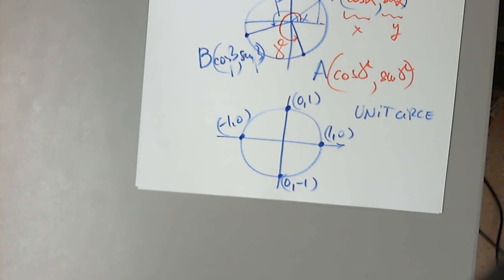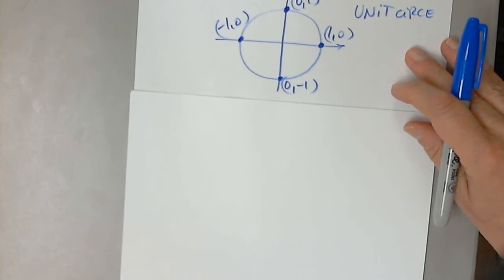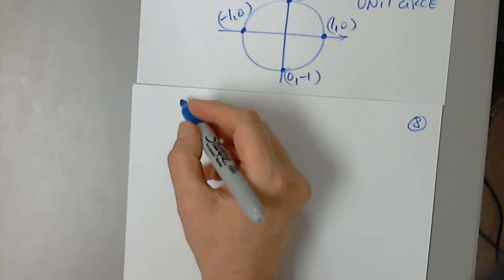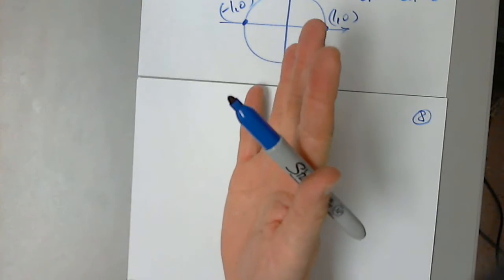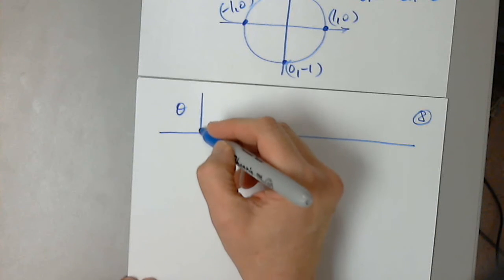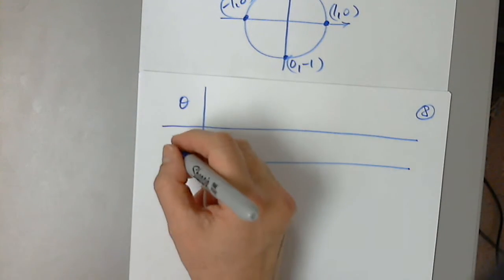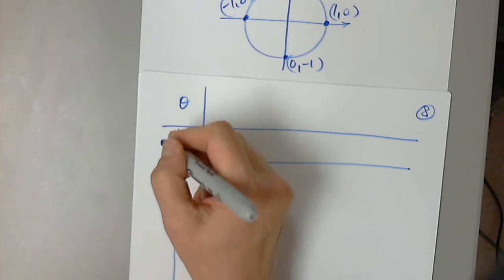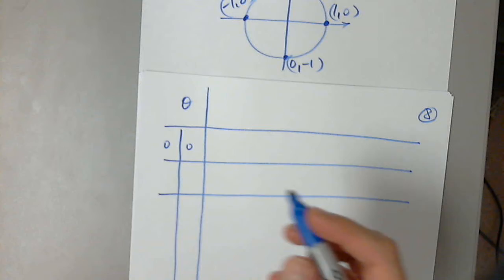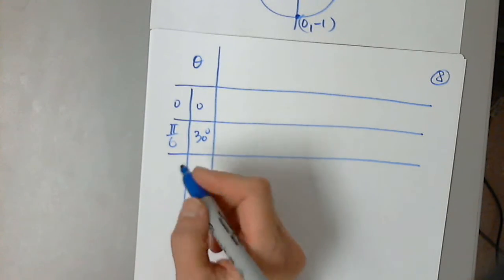So let's fill out the table for these, because that's important. We're going to end up graphing these functions. So the complete table will be this. Please don't waste your time memorizing this. So: 0 degrees and 0 radians. Pi over 6, 30 degrees.